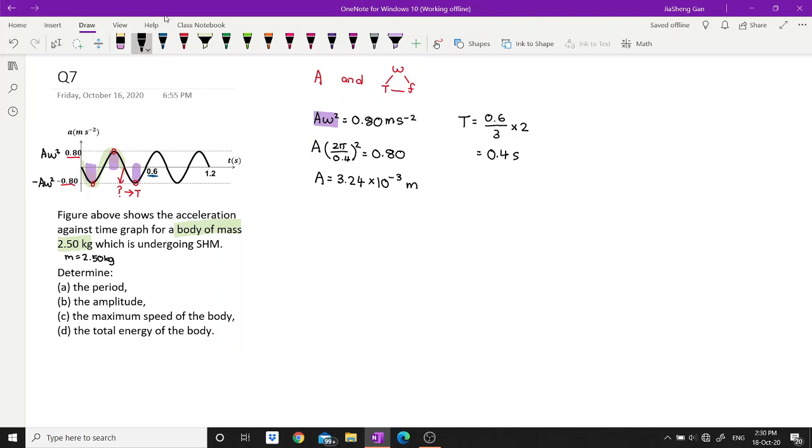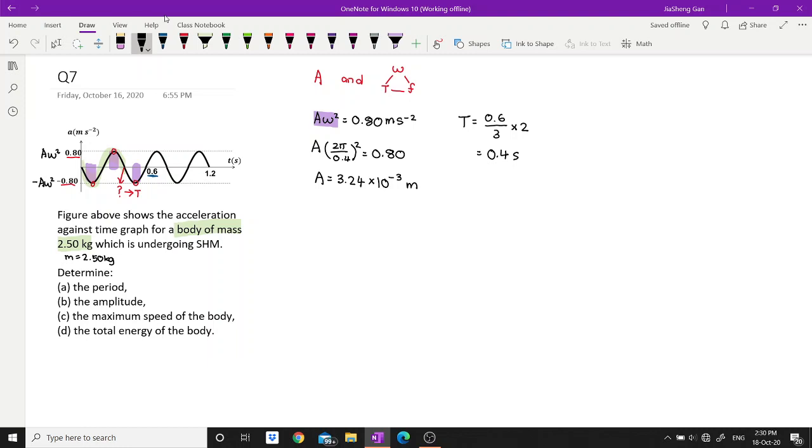So this is the amplitude for this particular simple harmonic motion. We get A, we get T, and we know omega. I think we understand this whole graph quite clearly, so we are able to solve the question now.